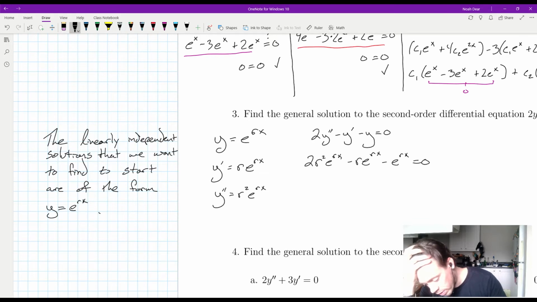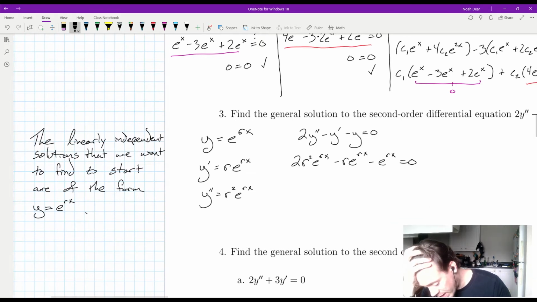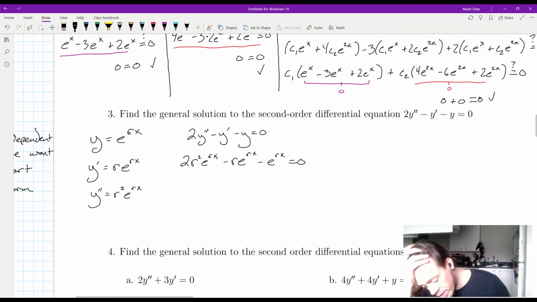All right, so that's what we're doing here. We take its derivatives and plug it into the differential equation.